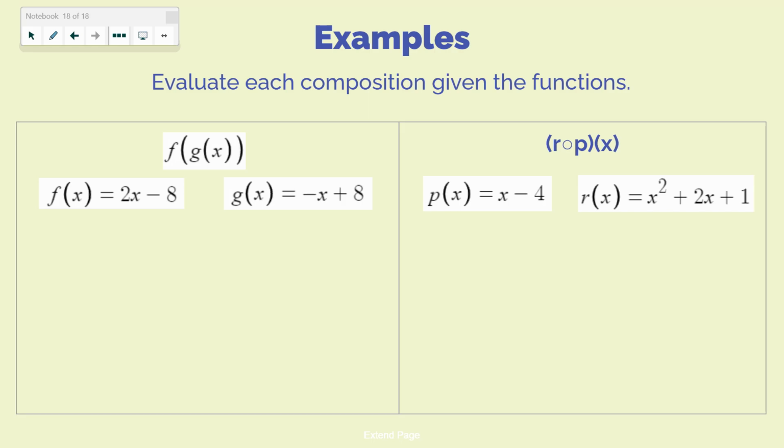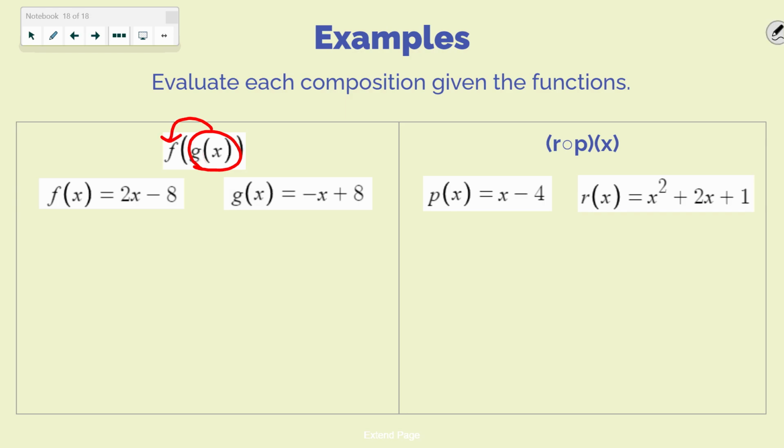All right, so first up we have f of g of x. So look at what we have here. Also, if you're a pretty visual person, I do think having a different colored pen or a highlighter can help too. Remember, we're going from our inside out. So g of x is now your input, and you're going to input g of x into the f function.